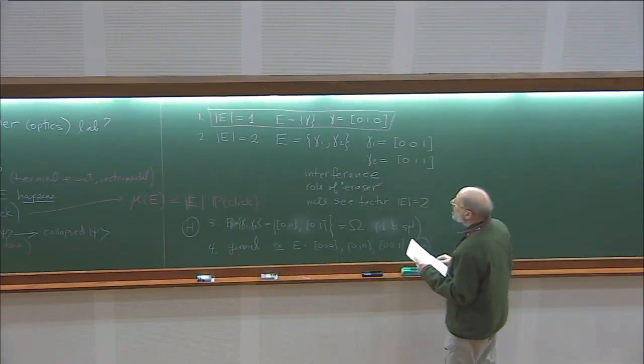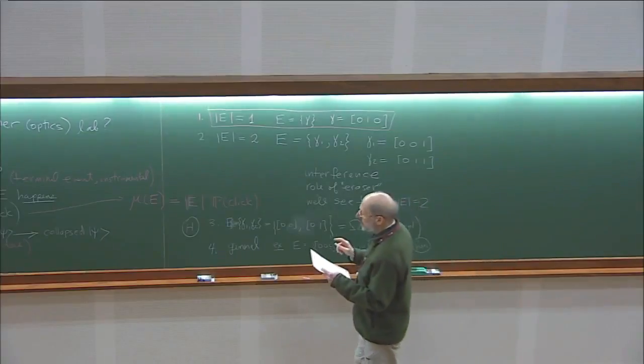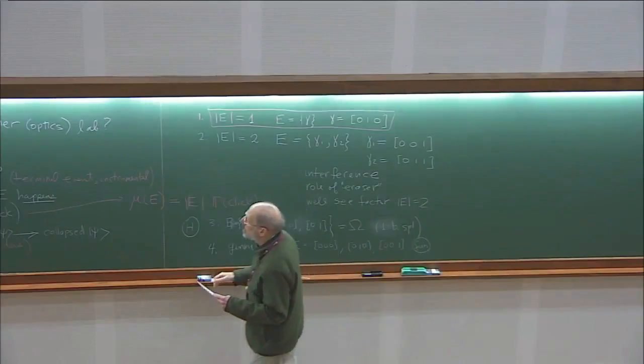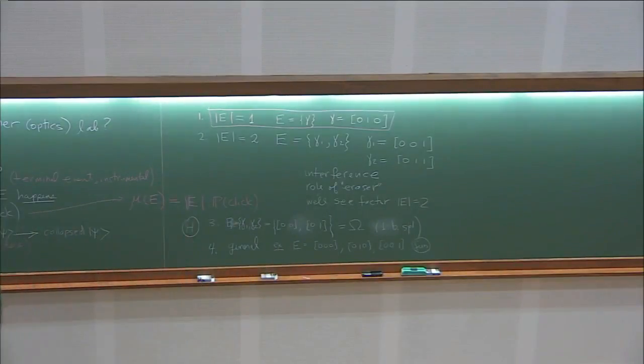One other thing that I have to say that I didn't say yet is that I'm going to introduce an ancilla. As I said before, I'll introduce an ancilla for each beam splitter. So I ought to really draw this in here. I'm not sure how to represent this, but this is the first ancilla.